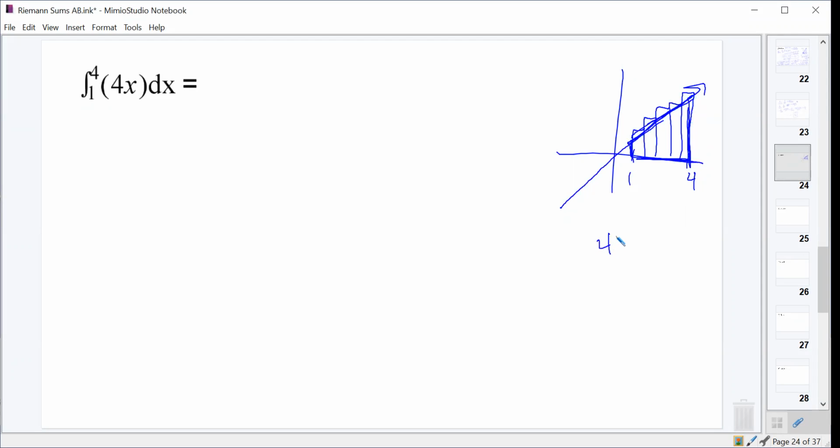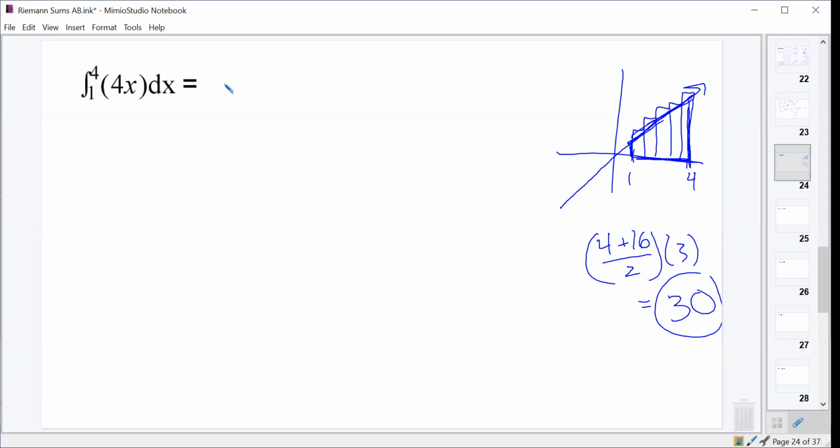So the first base is 4, and the other base is 16. Divide by 2, multiply by your height, which is 3. So what should we get as the value of this integral in the end? If we do it correctly, we should get 30.